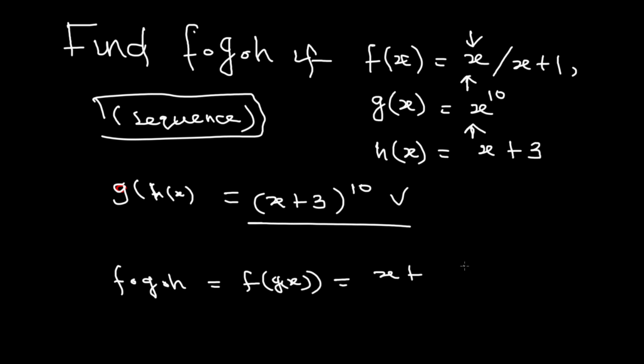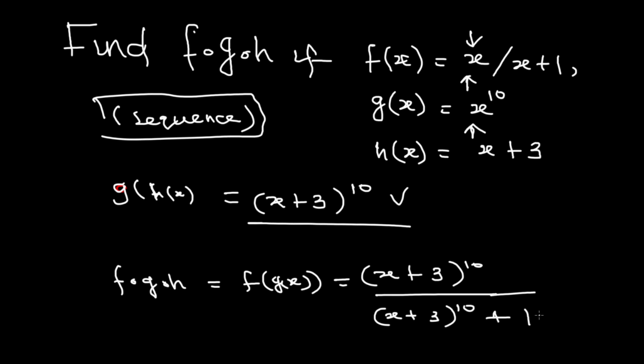So now it will be x plus 3, power 10. Then we continue, look for another place where there's a variable, which is x plus 3 again, power 10. Then where is our 1 going to be? It's part of the divisor, so it's going to be like that. So this is our full f of g of h of x.